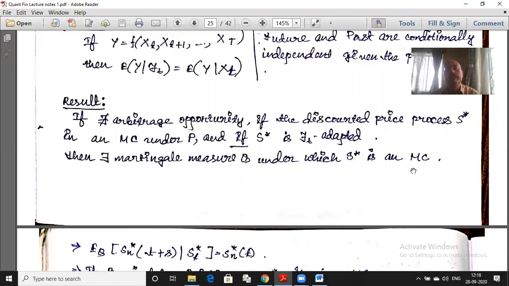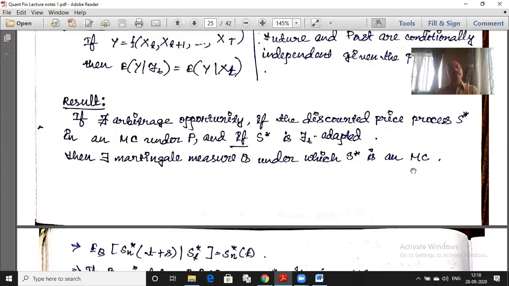So is this result clear? Yes, sir. Because there are many conditions here. I need FT adaptedness. I need no arbitrage opportunity, but these are standard structure. We are only working with this structure. So I'm saying that the Markov chain property gets transferred.